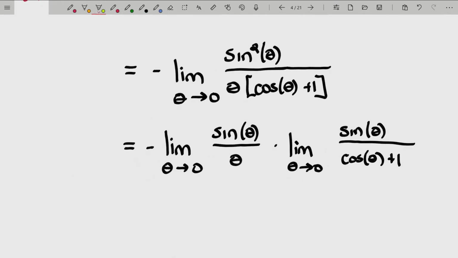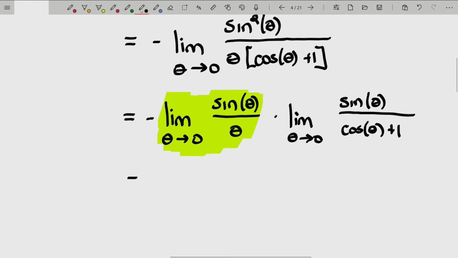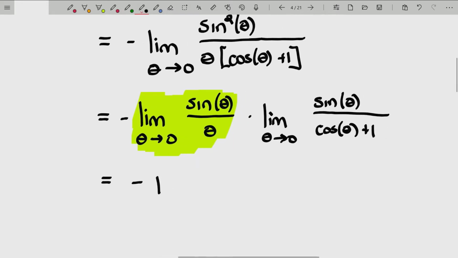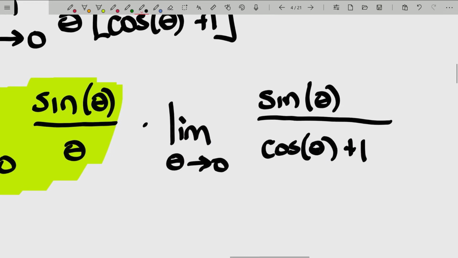So let's see what happens. Oh, something looks strongly familiar. Not strangely, but strongly. That is 1. We just proved that the limit as theta goes to 0 of sine of theta over theta is equal to 1. So that limit will turn into 1 with a negative in front of it. And let's see, what is this guy right here? As theta goes to 0, the numerator tends to 0. Let's see if we could just use direct substitution, right?